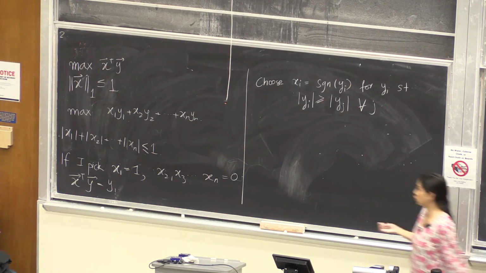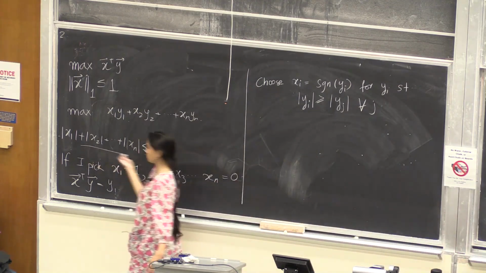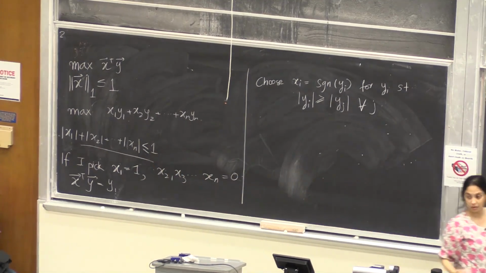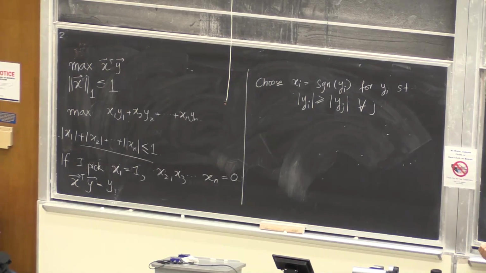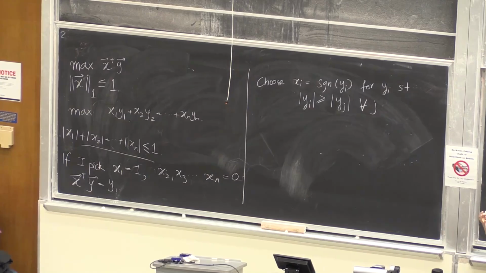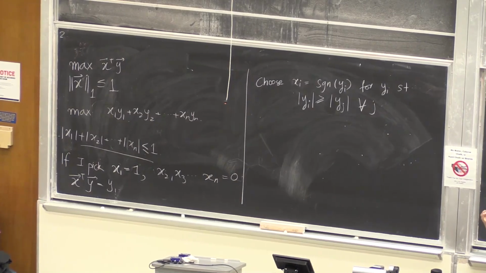That makes sure that this constraint is always met, but allows you to maximize your dot product in the end. Does that make sense to everyone? Okay? So do you see how we've systematically thought through this in a sense?